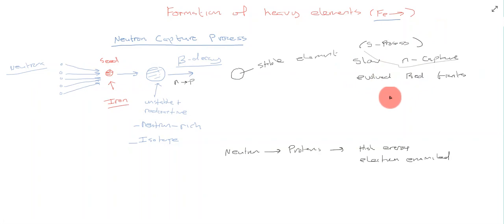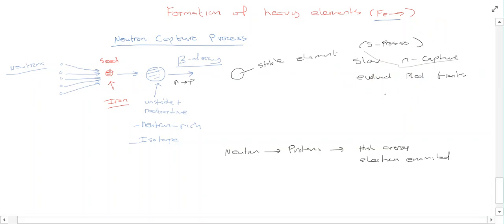And generally, this slow process takes on average about 10,000 years. So this process goes on over 10,000 years, and you generally get the heavy elements all the way up to lead, which is Pb.